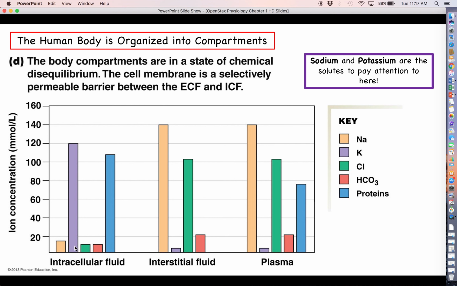One thing you'll notice about sodium and potassium for the intracellular fluid here on the left is that the intracellular fluid does not have very much sodium, but it has a whopping amount of potassium. Compare that to the 2 extracellular fluids, and you'll notice that it's pretty much the opposite for them. Extracellular fluid has very little potassium, but a ton of sodium.